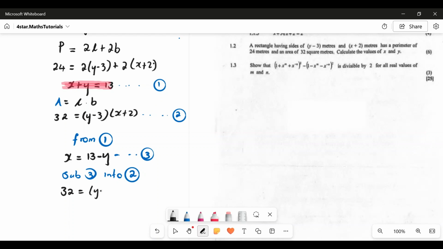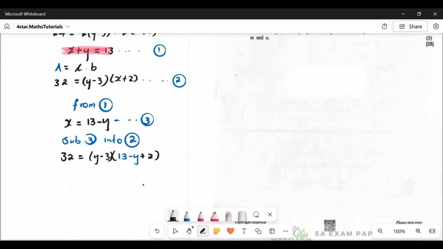Here we're having x. I'm going to replace x with 13 minus y, then plus 2. Then let's multiply. Let's simplify.